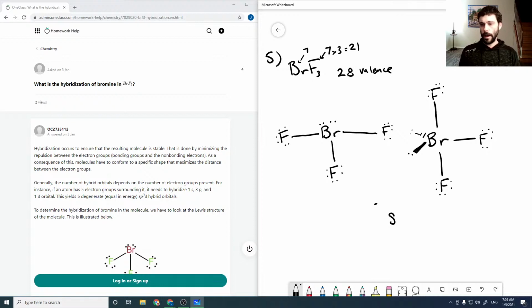And so 5 has to total our values that we use to put up top. So 3 plus 1 is 4, plus 1 is 5. We don't usually show the 1. So we would say that for bromine, we have an sp3d hybridization.